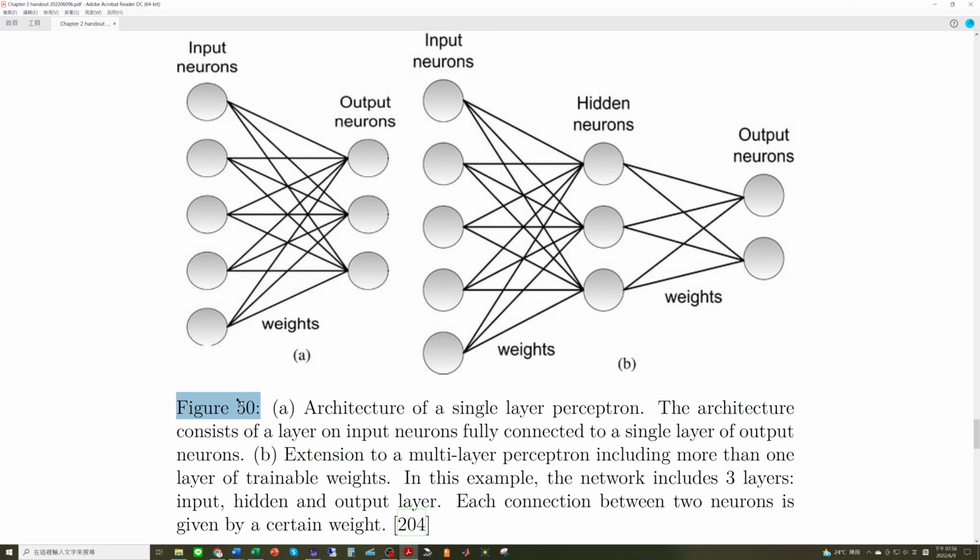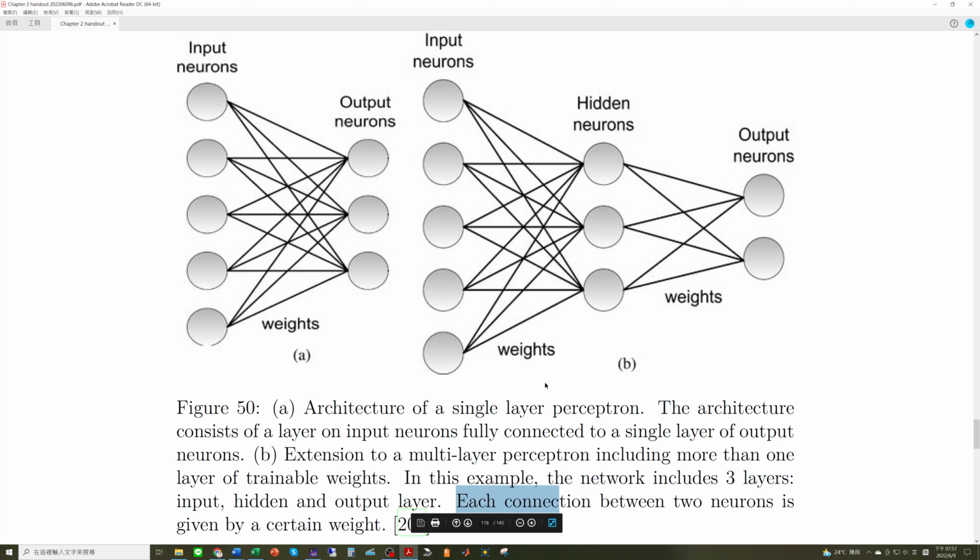Figure 50b is the extension to a multi-layer perceptron including more than one layer of trainable weights. In this example, the network includes 3 layers: input, hidden, and output layer. So here is the input layer, here is the hidden layer, and here is the output layer.